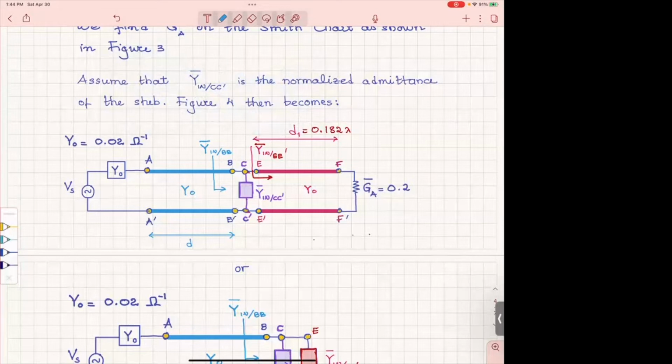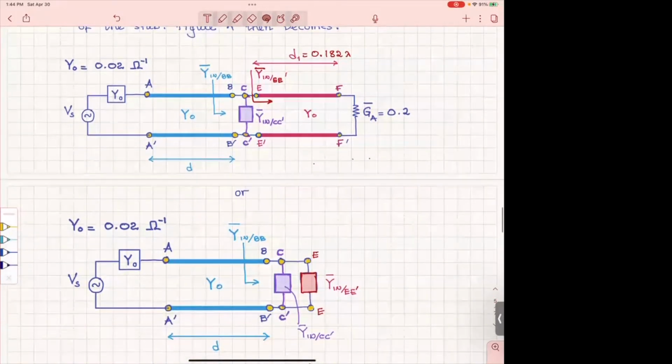Now you need to remember that we are moving on the Smith chart from the antenna, which is here, towards the generator along that direction. And we have to stop somewhere and place the stub. So we have to move from F prime to E prime. If we stop at this point, then we can replace this red transmission line by its equivalent input admittance, which is here.